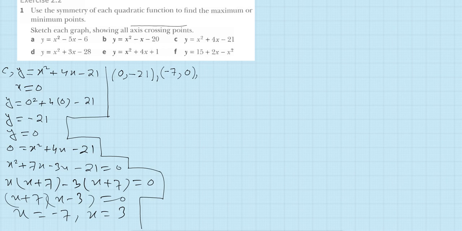When x is 3, y is 0. So these are three axis crossing points. What is the next step? The next step is to draw x and y axis and plot all these points.